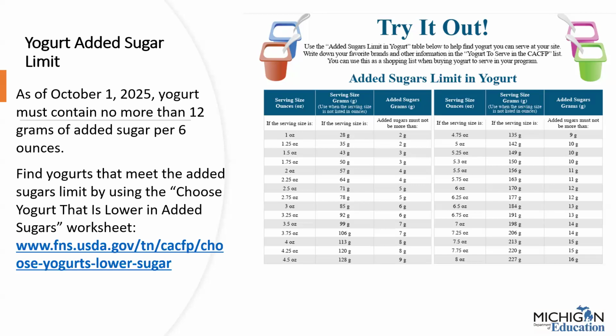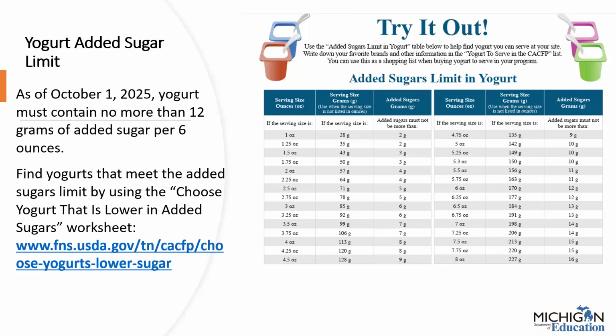This is one of USDA's many handouts. This one's under the choose yogurt that is lower in added sugars handout or worksheet, they call it. There's also another one labeled calculating the added sugars limit for yogurt in the child and adult care food program. So you're welcome to use either one.